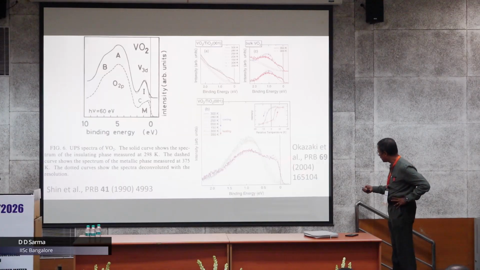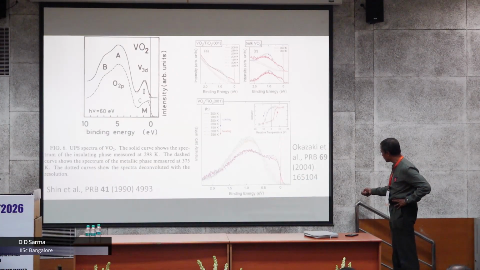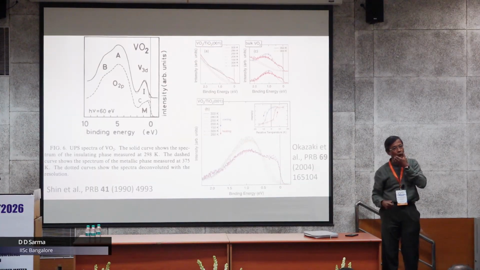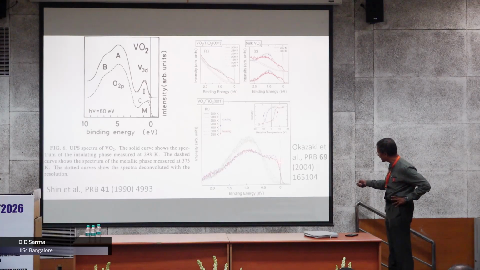This is in 2004. You can see when the system is in the metallic state, there's the chemical potential. You have a large intensity spectral weight there. There's the R phase, the metal phase, signified by the fact that you have a fairly sharp Fermi-Dirac cutoff of a continuous spectral weight going across the Fermi energy. And as you lower the temperature in the system, so various temperatures, metallic state is given here.